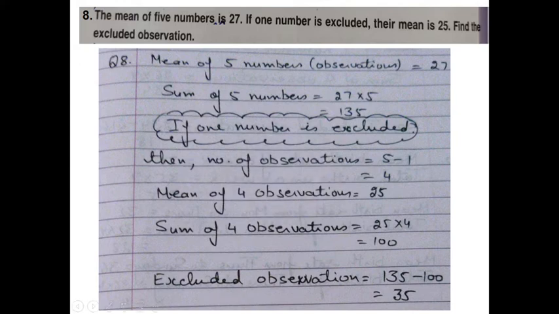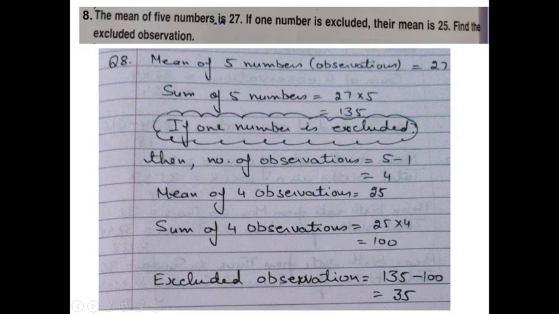Mean of 5 numbers is 27. So the total sum of 5 numbers would be 27 multiplied by 5. So it would be 135. So if one number is excluded, then the total number of observations would become 4, as I have told you right now: out of 5 you have to delete one number.